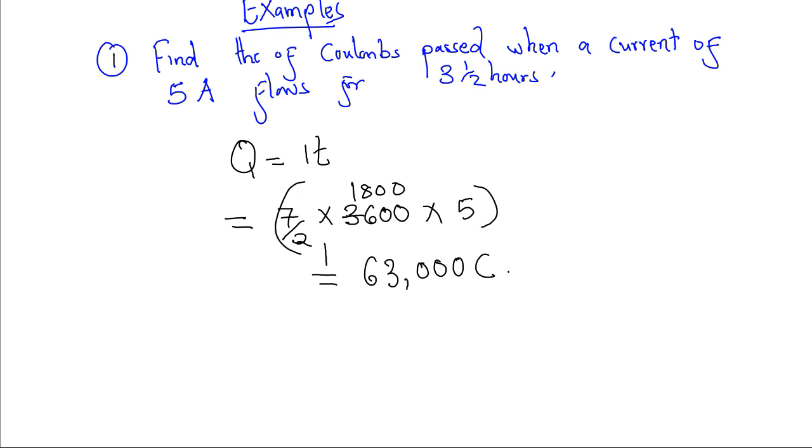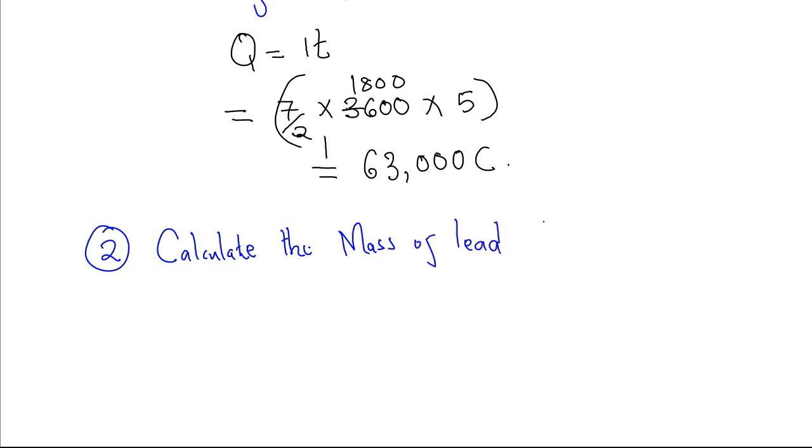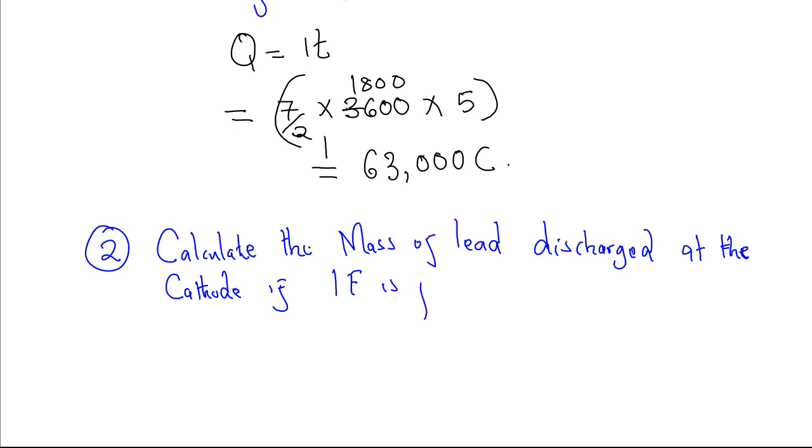Example 2. Calculate the mass of lead discharged at the cathode if 1 Faraday is passed through molten lead 2 bromide.